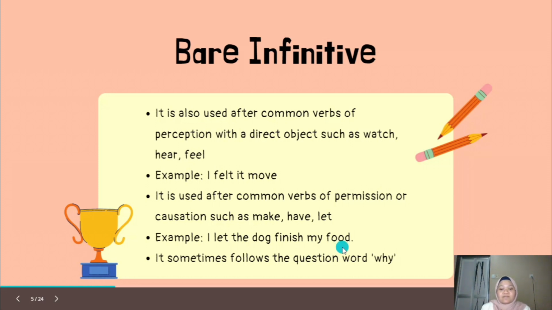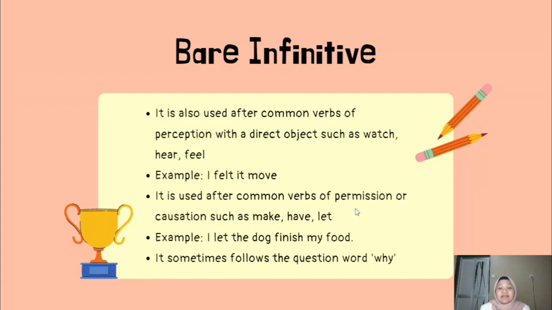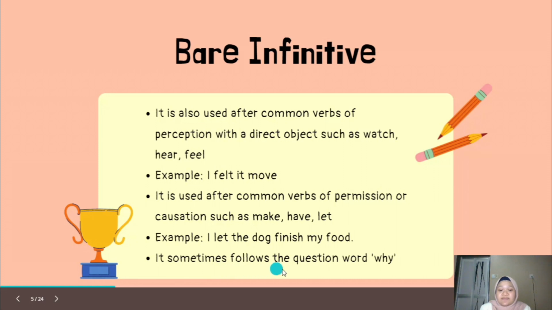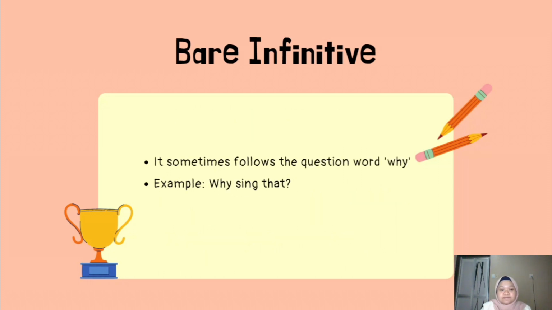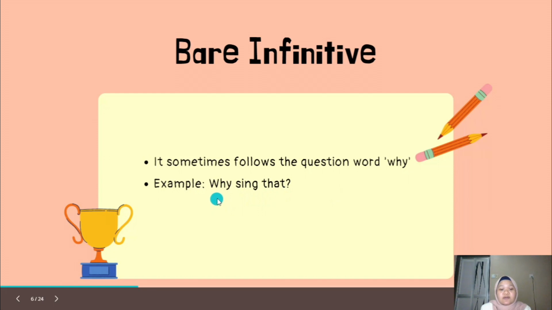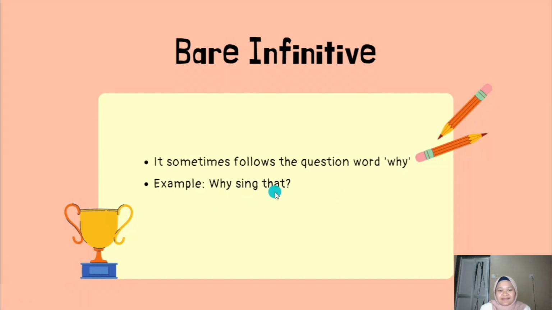Okay, so that is the permission, which is he gave the permission to the dog to finish his food. So next, the verb infinitive sometimes follows the question word why. It sometimes follows the question such as "why seeing that".